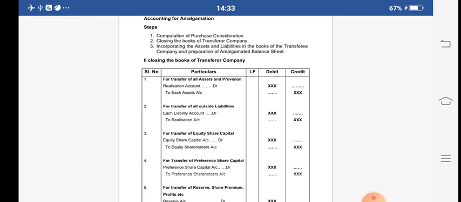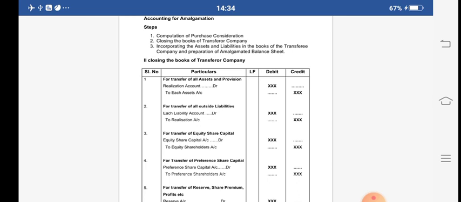This is the journal entries format we have to draw: the serial number or date column, the particulars column on the left, the debit amount column, and the credit amount column. Now see the entry for transfer of all assets and provisions. Whatever assets the transferor company has, it is going to transfer to the transferee company.